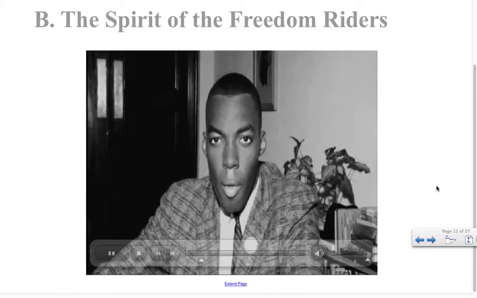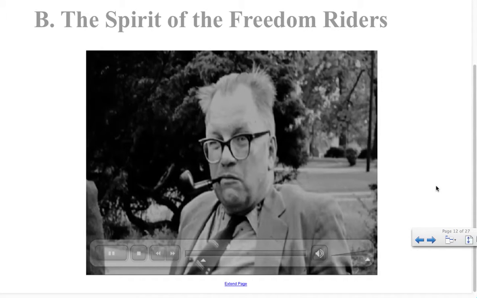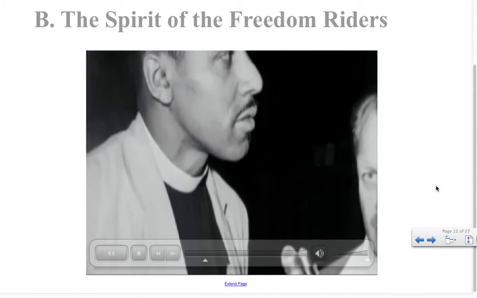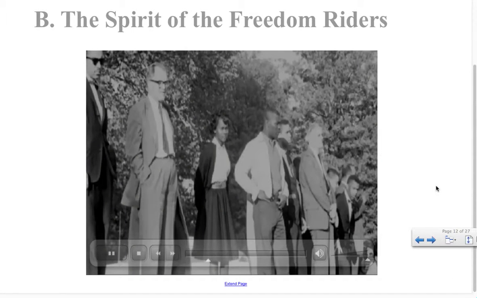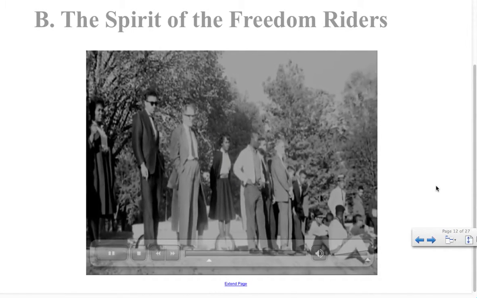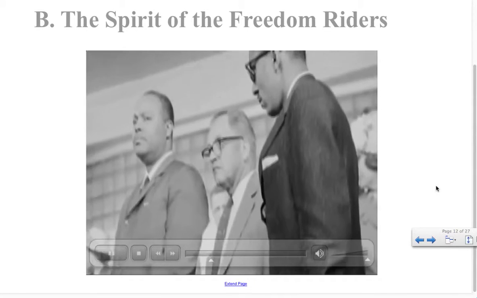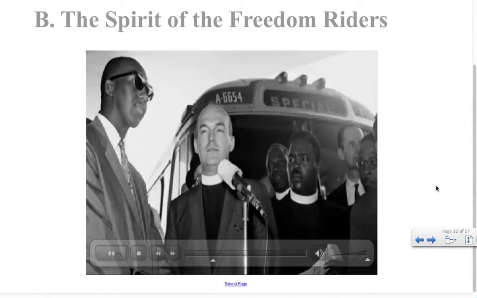We were looking for a mix of black, white, young, middle-aged, older. We wanted to have one member of the clergy on the trip. The Freedom Rides were trying to say to America, we are a diverse country. Let's act like a diverse country where every part of the diversity is equal and is treated equally.